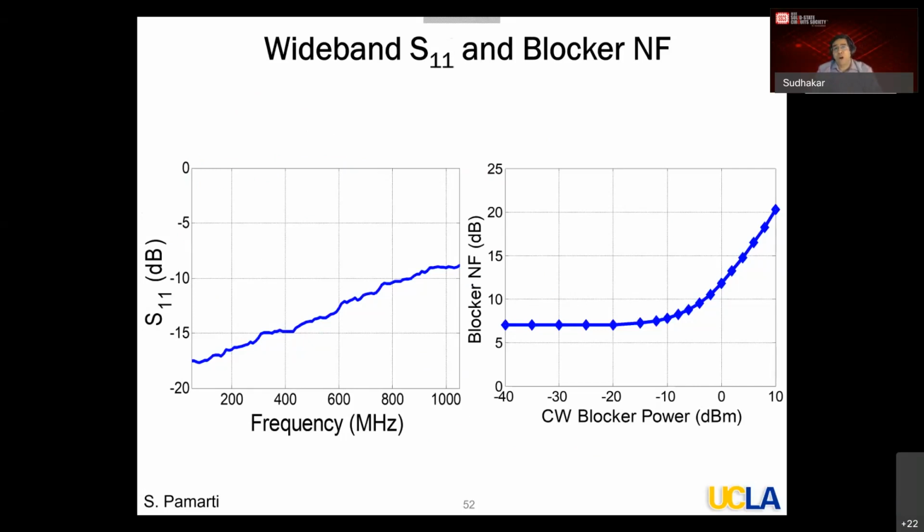So accordingly, I have a lot more noise. This is definitely a disadvantage of this approach, and I'll talk about it briefly a little while later. The noise figure shooting up for higher blocker powers is primarily because of a lot more noise in the clock. And again, this is no different than traditional mixer-first and blocker N-path implementations.